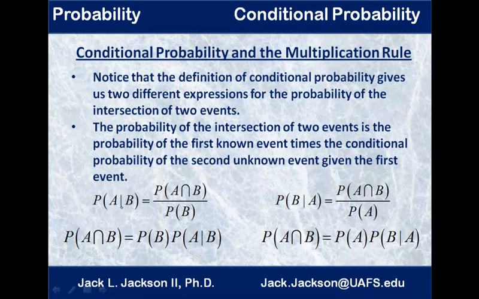Over here on the left we see the probability of A given B is the probability of A intersect B divided by the probability of B. Multiply both sides by the probability of B and we get the probability of A intersect B is the probability of B times the probability of A given B. On the other hand, on the right here we see that the probability of B given A is the probability of the intersection divided by the probability of A. Multiply both sides by the probability of A, and we see that the probability of A intersect B is the probability of A times the probability of B given A. So there are two different expressions here for the probability of A intersect B: the probability of B times the probability of A given B, or the probability of A times the probability of B given A. And this allows us sometimes to find an interplay between these two to help us out.